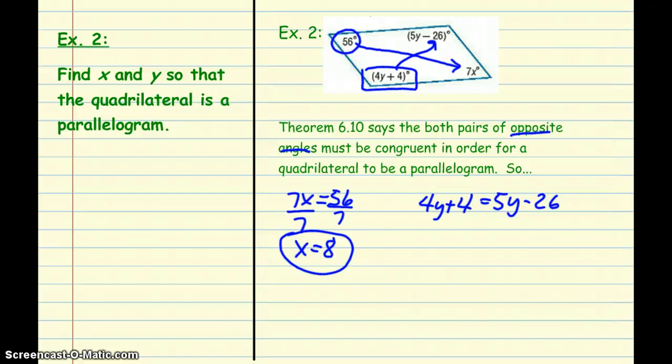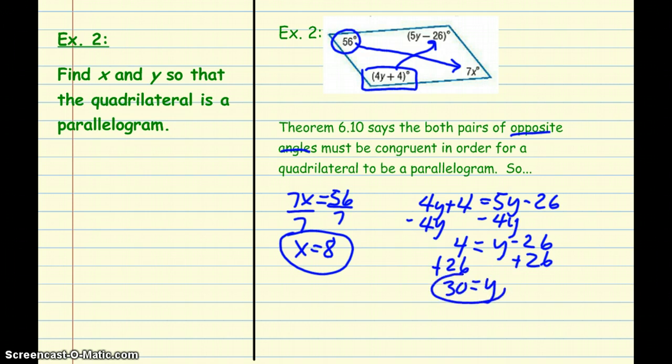Okay, sorry about that. So what we're going to do now is use all of our skills with solving equations. So I get 4 equals y minus 26. Solving this algebraically, I get y is equal to 30.